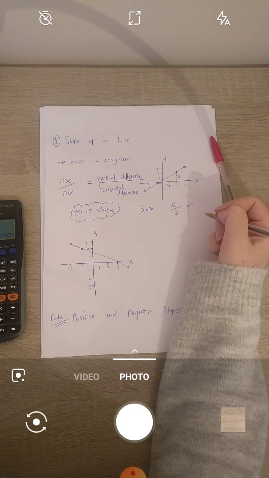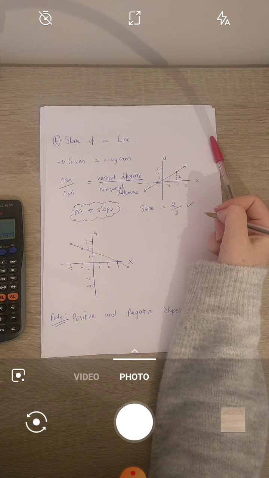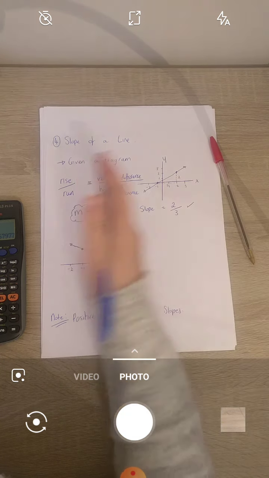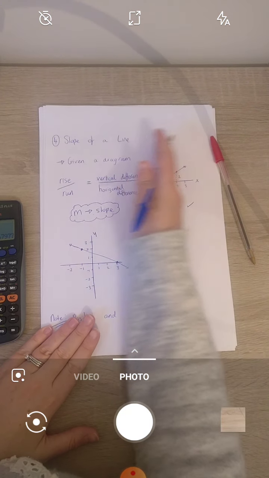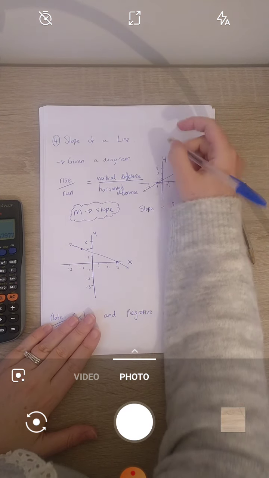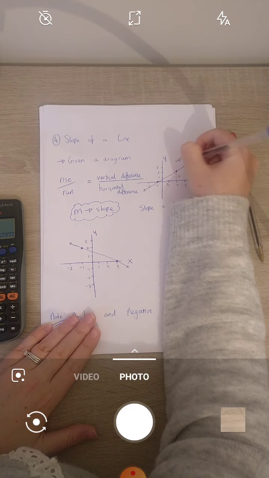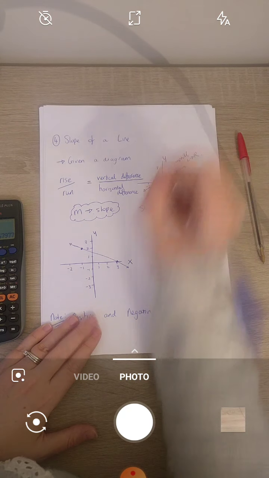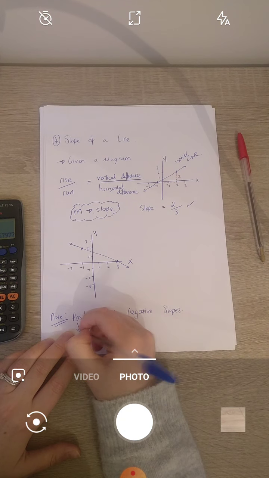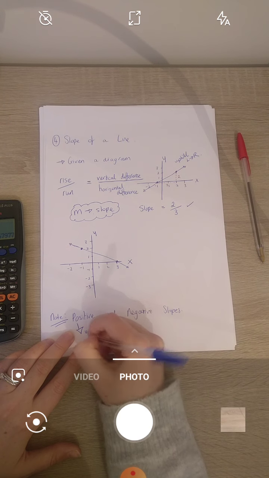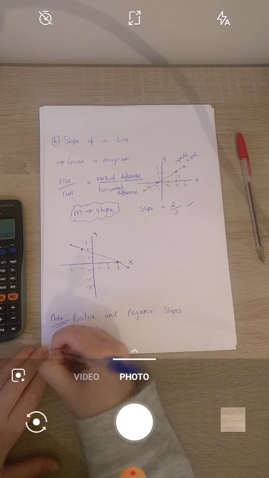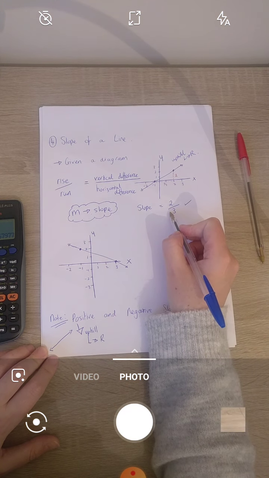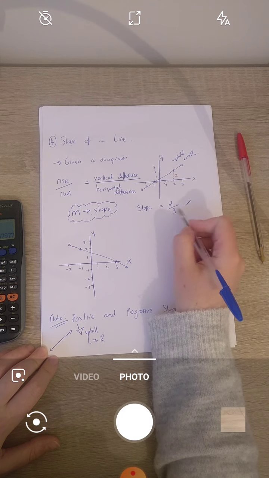Now, I'm going to talk about the direction of the line, okay? And remember, we're always talking about from left to right. So if I look at this line and I move from left to right, that line is going uphill from left to right. And if our line is going uphill from left to right, it's always positive. So I'm leaving this 2 over 3 as positive 2 over 3.